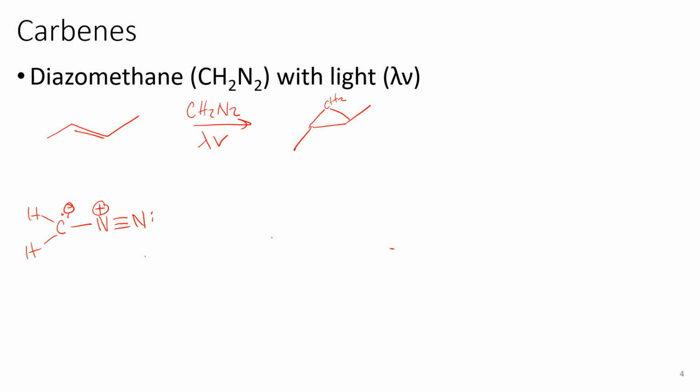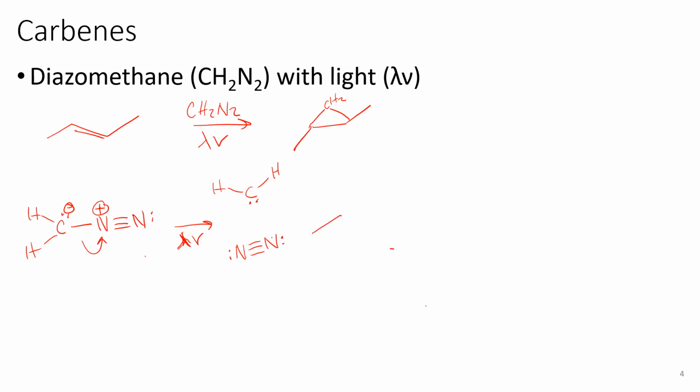Once we shine light on this chemical, it will break the bond between the carbon and the nitrogen. This allows us to have our carbene generated in our reaction flask, as well as nitrogen gas.